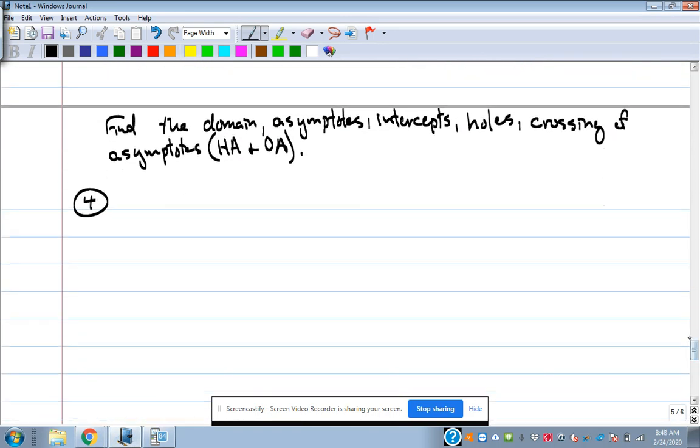All right, so examples 4, 5, and 6, we're going to do a little bit more stuff, okay? So we're going to find domain, asymptotes. We're going to find the intercepts. We're going to find whether there are holes in the graphs, and then whether or not the graph crosses an asymptote. So let's just dive in. X squared minus 4 over x squared plus 5x minus 14.